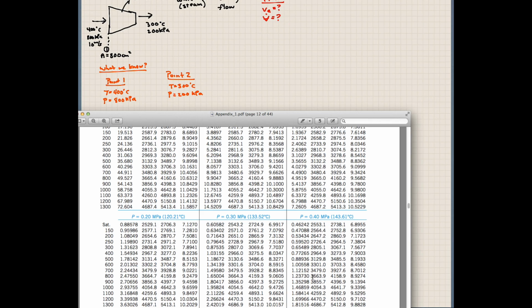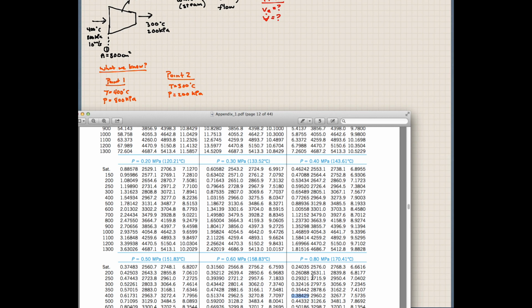We can say that our specific volume is, let me write this down, 0.38429 meters cubed per kilogram. Then let's also write down our enthalpy since we need it here at the inlet.